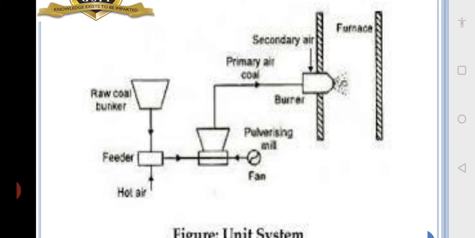So this air, the primary air, takes the coal powder and it goes to the burner where it is burnt, and also there secondary air is coming. Primary air is carrying the coal powder dust or pulverized coal, and there is secondary air which again comes near the burner and it burns in the furnace.